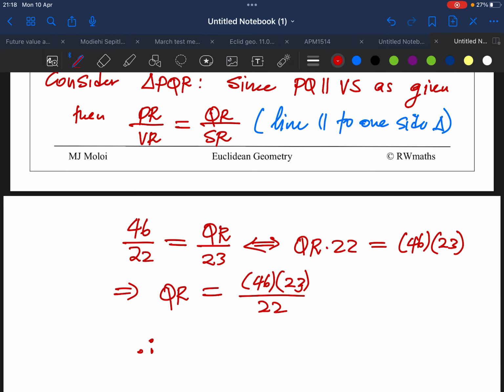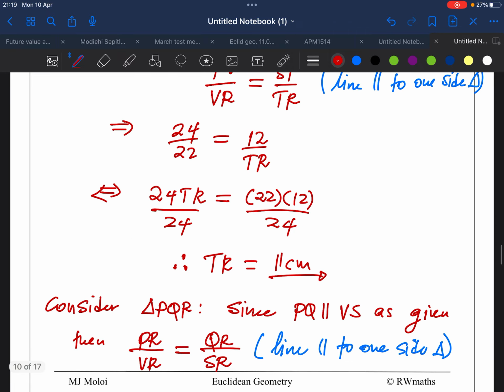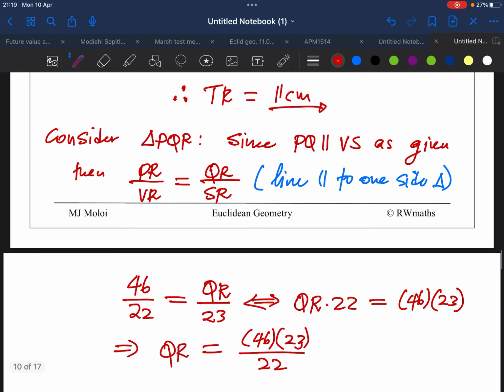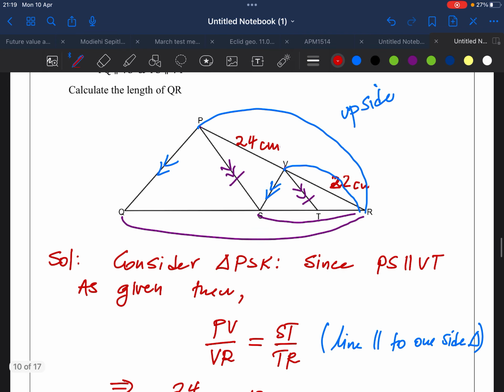So therefore, your QR will be equivalent to 46 times 23 divided by 22, which is about 48.091 centimeters. I prefer 3 decimal places. So this is our QR there. So that's how you can find the length of QR using a proportionality theorem.